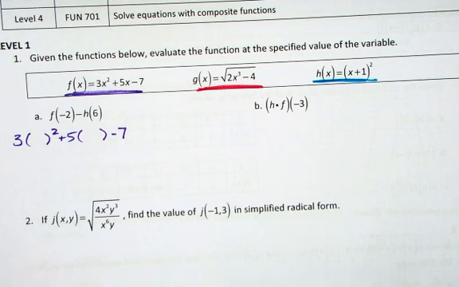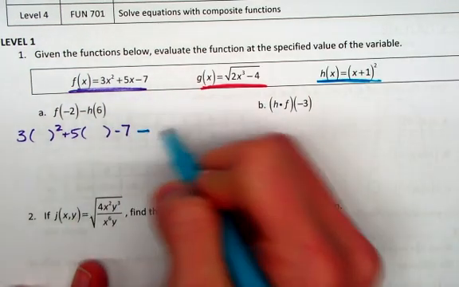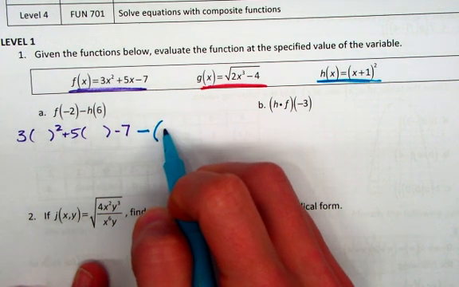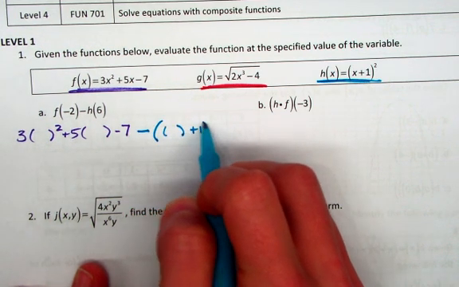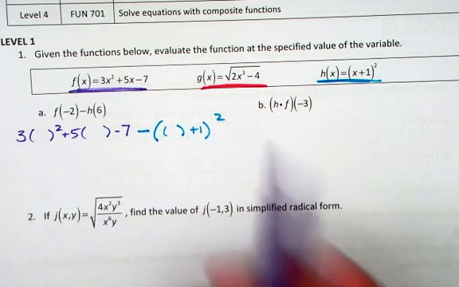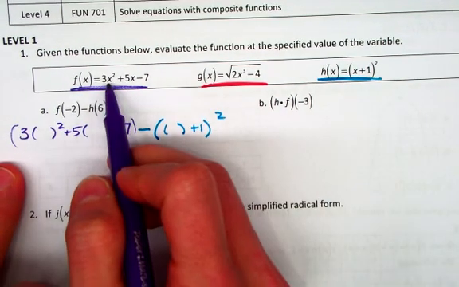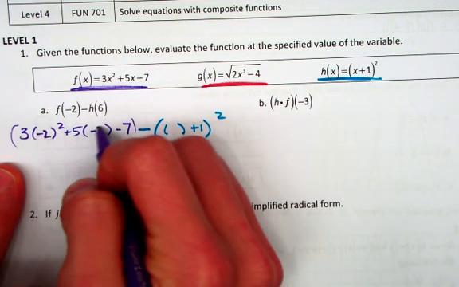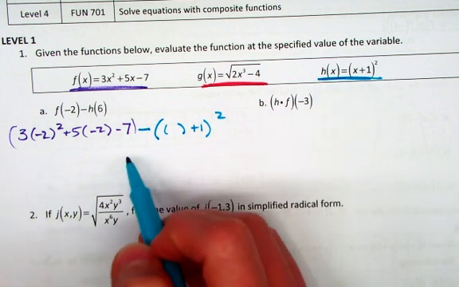And then that's minus h of 6, and h is parentheses in here plus 1 squared. Now this is all of f of x. I'm going to replace all of my x values where I put parentheses with negative 2. And here, I'm going to replace all my parentheses, which is just this x, with 6.